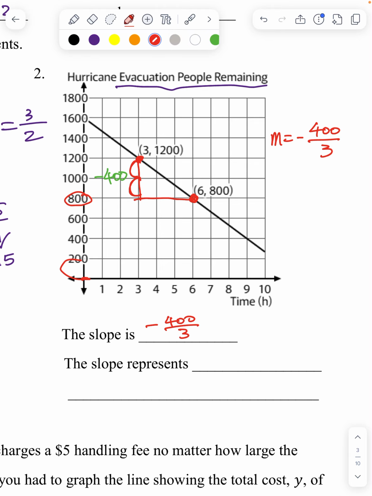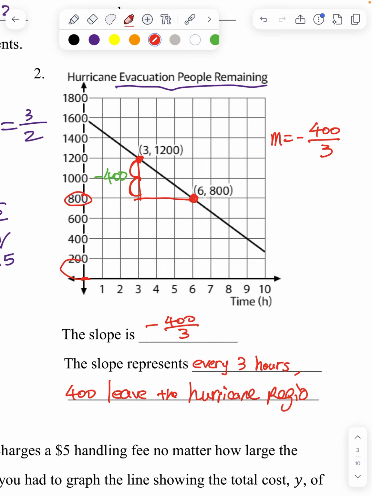So you put it in your words, or you can put the time first. Every 3 hours, 400 people leave the hurricane area, region.